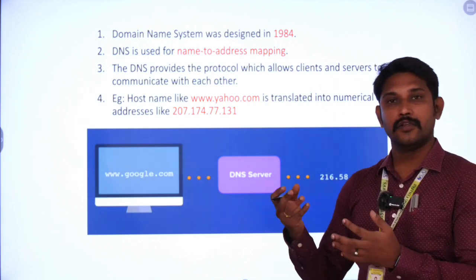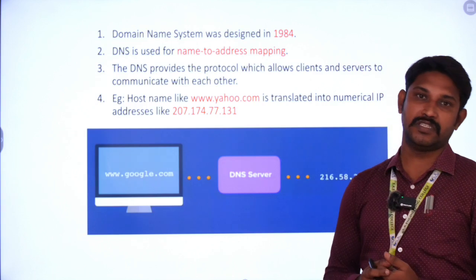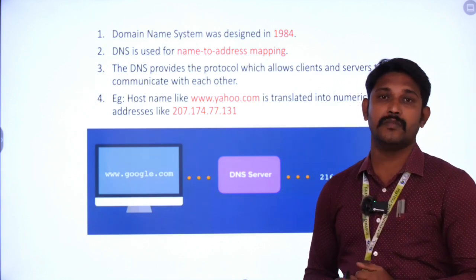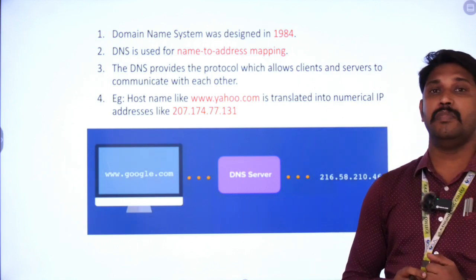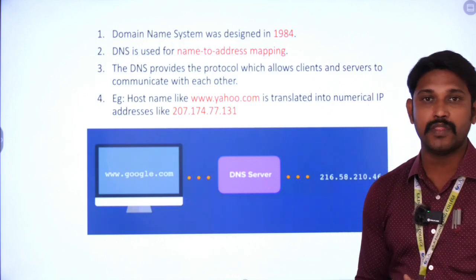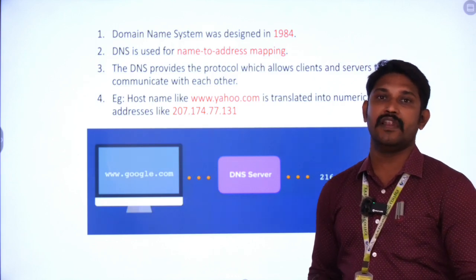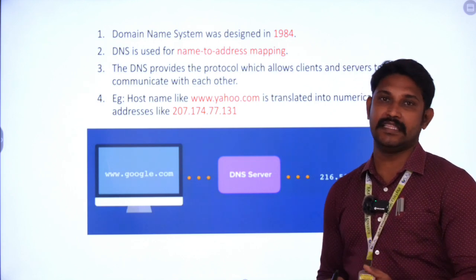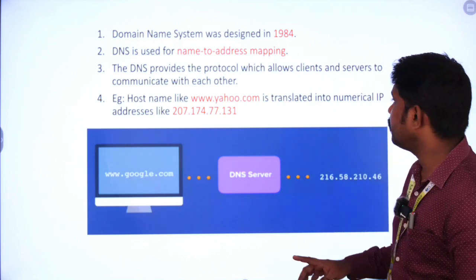We get the Google website in our browser. In the background process, this google.com is a server name. This server name will be converted, or the exact term is mapped, into the IP address. Each server has a separate IP address, and with the help of the IP address we can access the Google server.